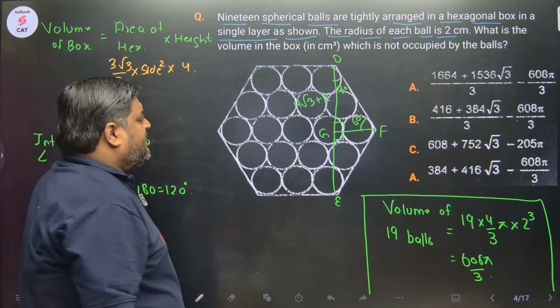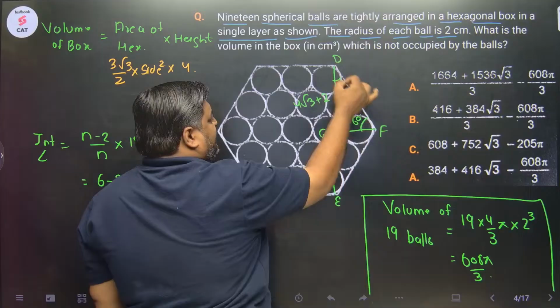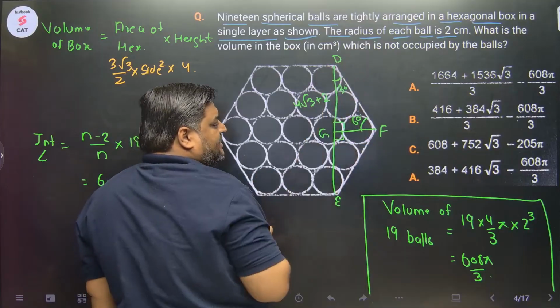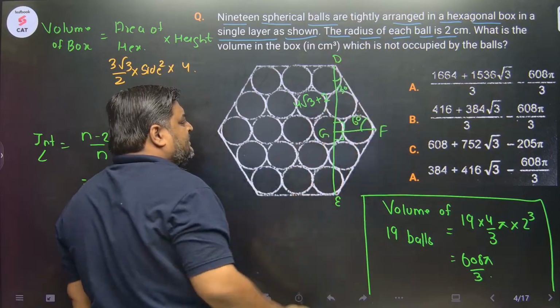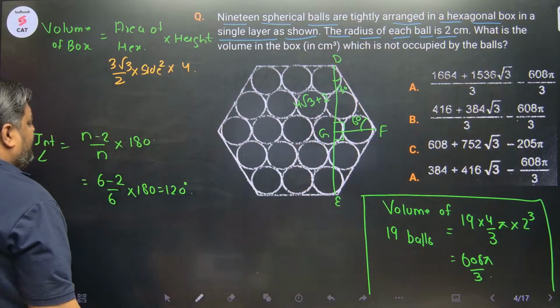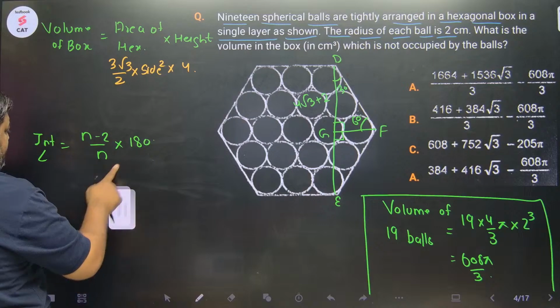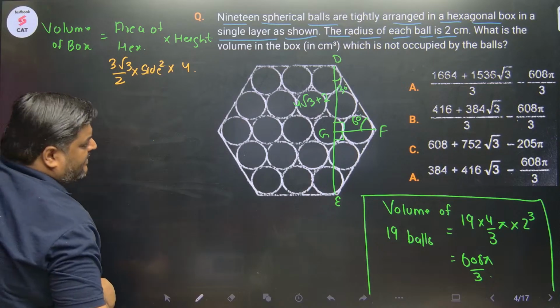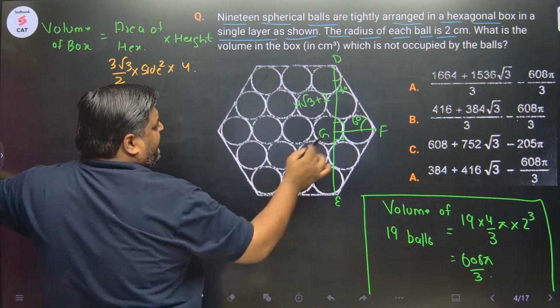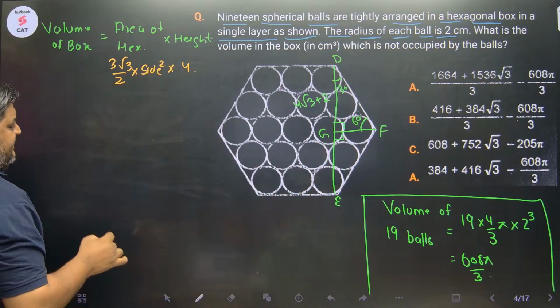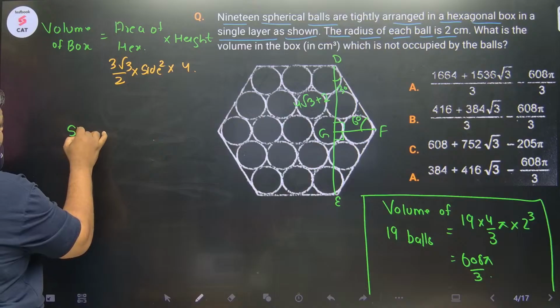Now in triangle DFG, I have one of the sides and all three angles, so I can find DF using a trigonometric equation. If we take F as reference, what will sin F be?